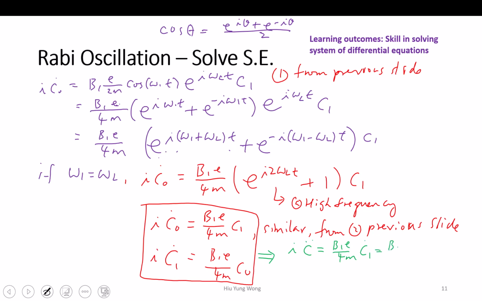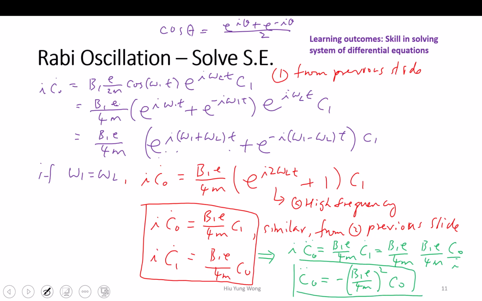So this is B1E over 4m, times B1E over 4m, C0 divided by i. So C0 dot dot equals negative (B1E divided by 4m) squared, C0. So I got a differential equation, but this differential equation is easy.